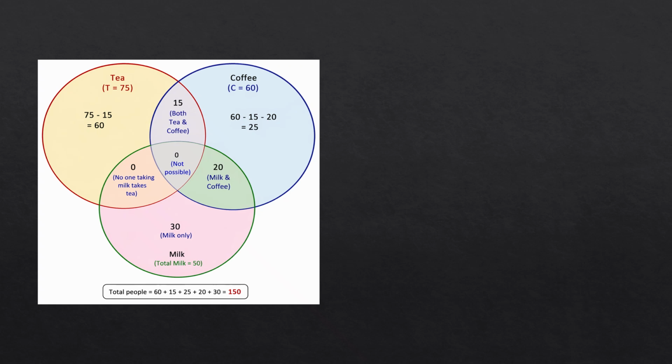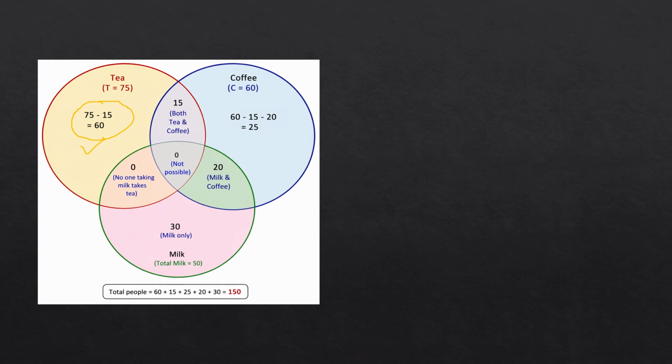For better visibility, I attached one final Venn diagram with the solution. You can see here where tea is 75, coffee 60 and milk is 50. Now this is a very interesting section where you have to find the only section. Only tea is 75 minus 15, because initially we have both 15 tea and coffee. When you subtract 15 from 75, you will get 60.